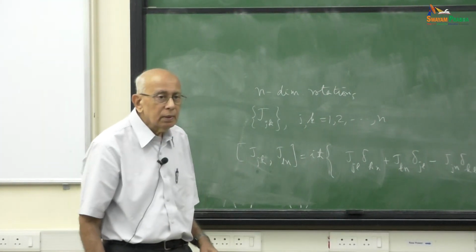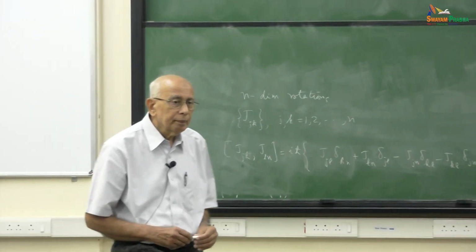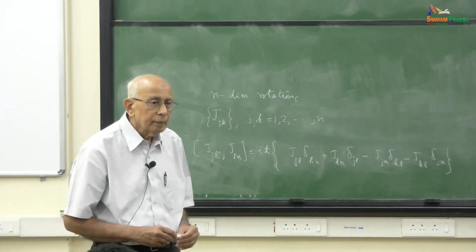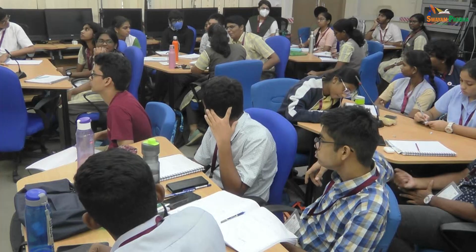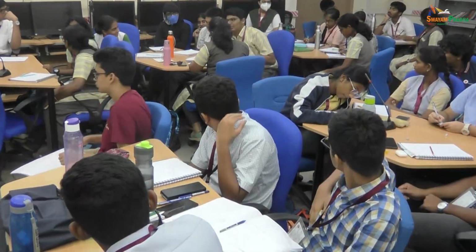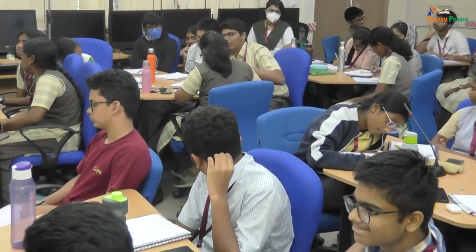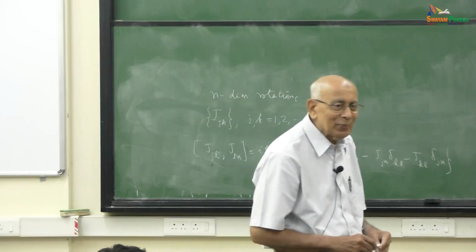Sir, related to this, but not exactly related to this. Other than things like sets, like collections, is there any mathematical object which is not a tensor? Hardly any mathematical object is a tensor. Why do you say that?